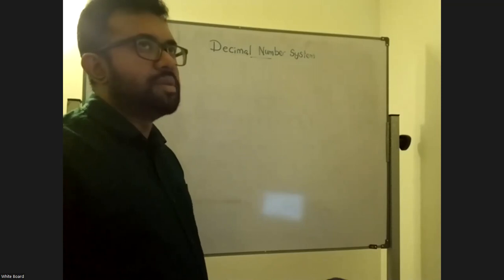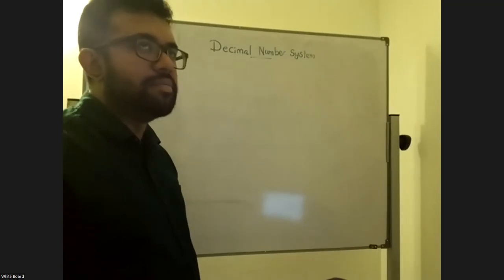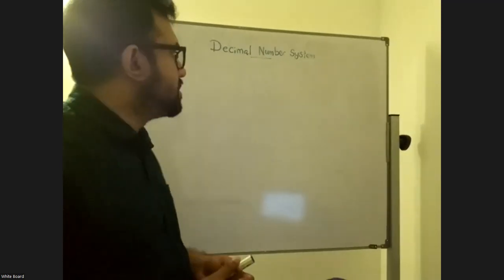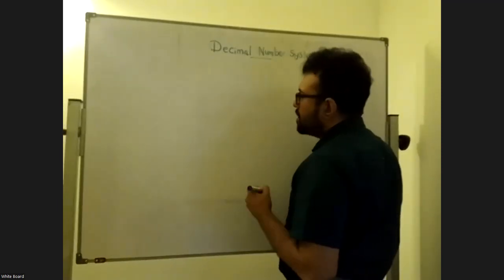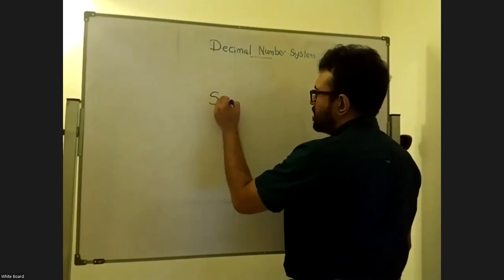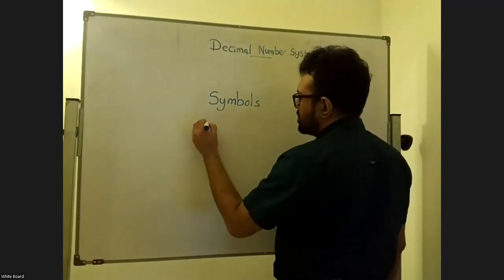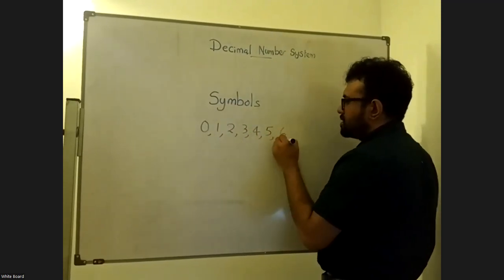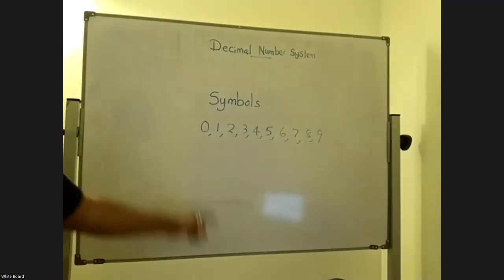That means there are 10 symbols used to write decimal numbers. Those symbols are 0, 1, 2, 3, 4, 5, 6, 7, 8, 9. Those symbols are like this now.